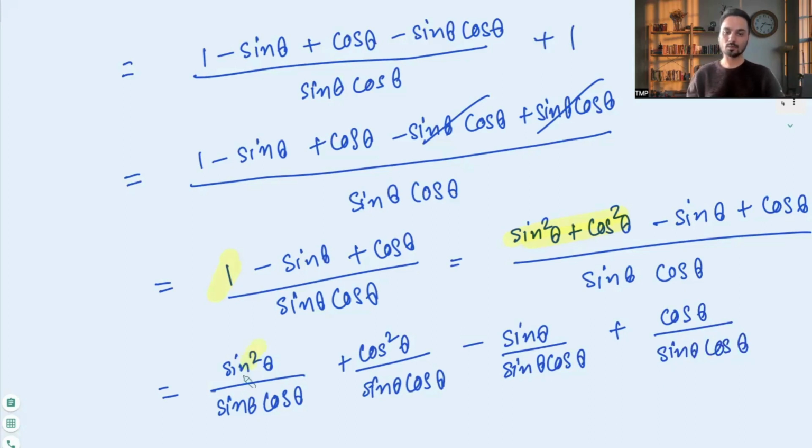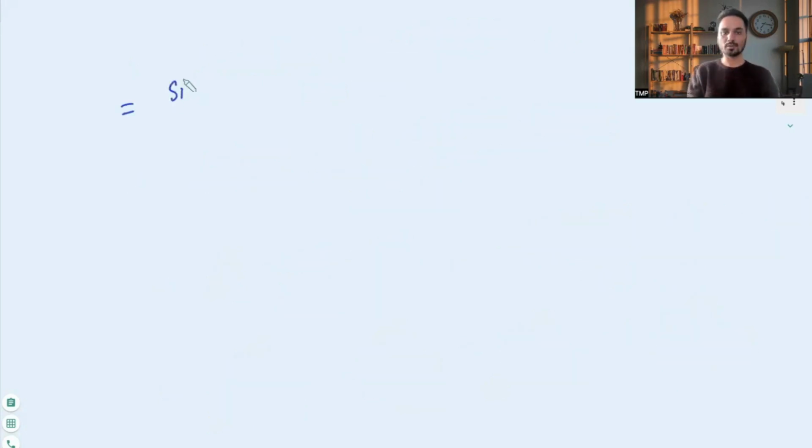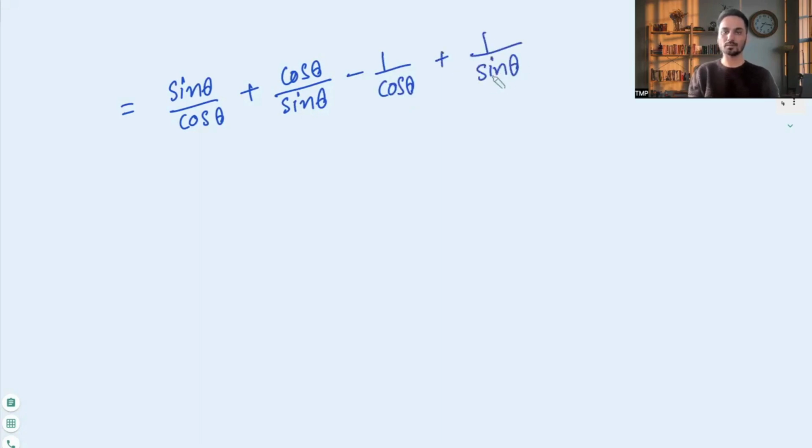And we can cancel out 1 sine theta for the first one. We can cancel out cos theta for the second one. We can cancel out sine theta for the third term and cos theta for the fourth term. So we are left with sine theta over cos theta plus cos theta over sine theta minus 1 over cos theta and plus 1 over sine theta.